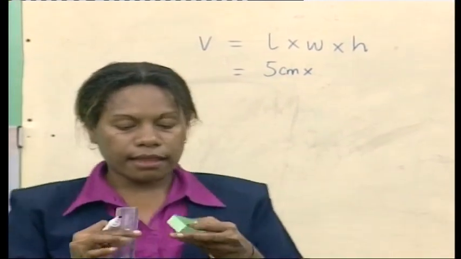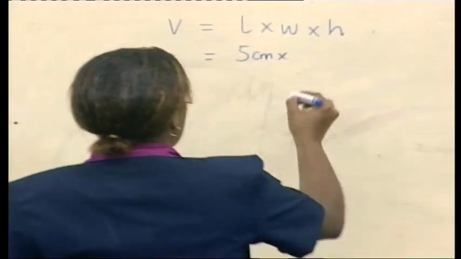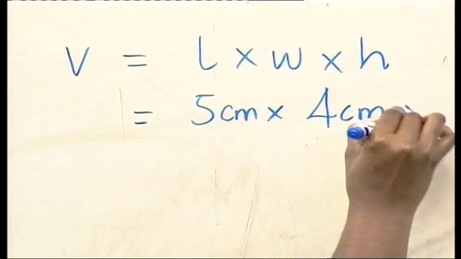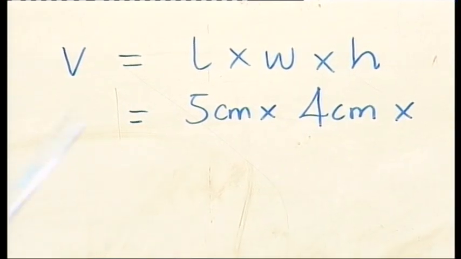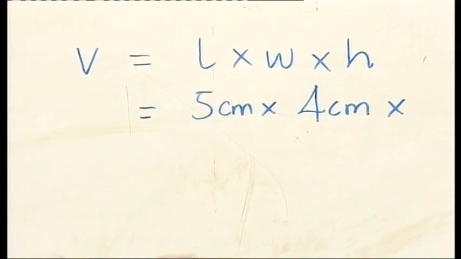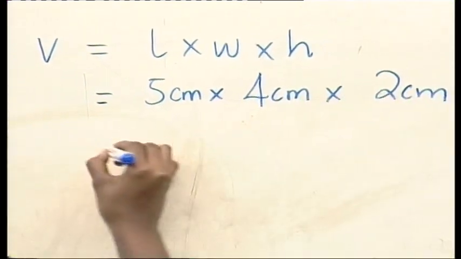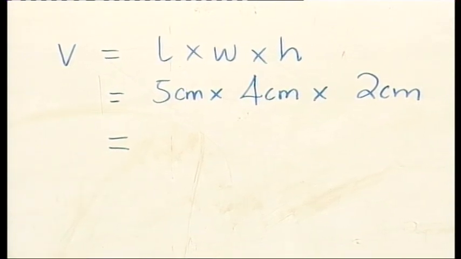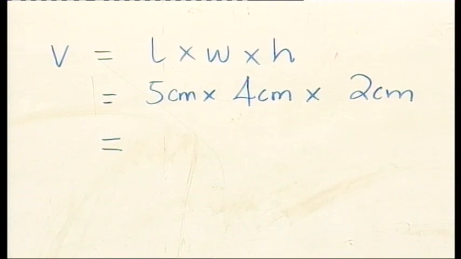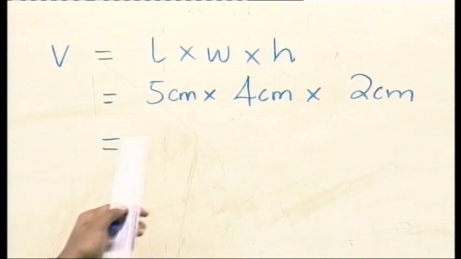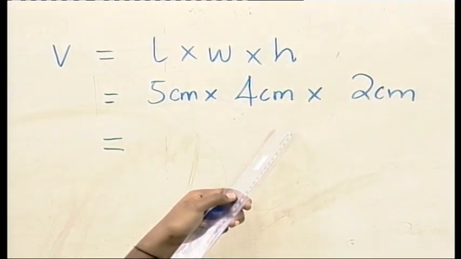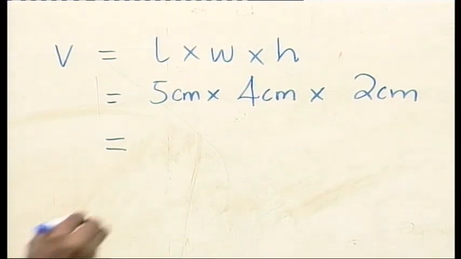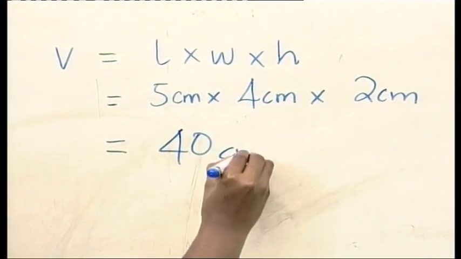The width is 4 centimeters, and the height is 2 centimeters. So what's the volume? 5 times 4 is 20, 20 times 2 is 40. So 40 cubic centimeters.